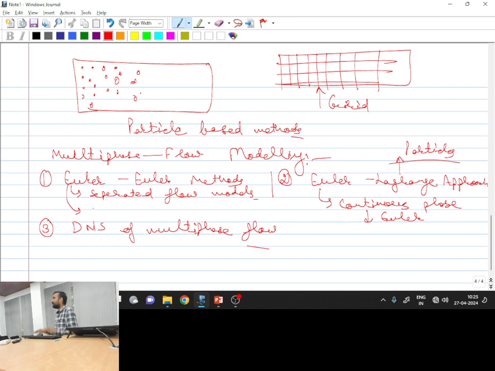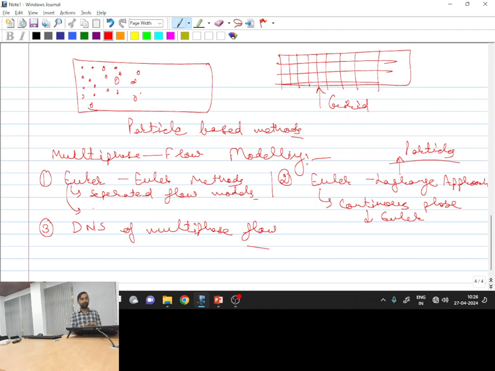I am not resolving up to that level, but up to the level where my interface can be resolved properly. Whatever shape deformation takes place in the interface can be properly resolved using the grid structure, and if it is evolving with time, that can also be captured.